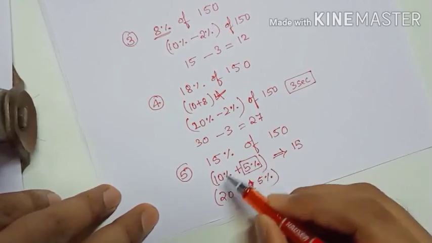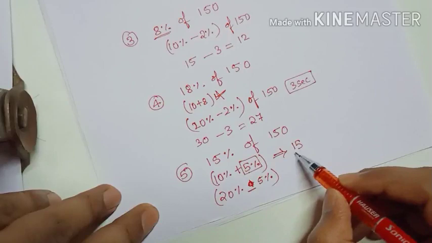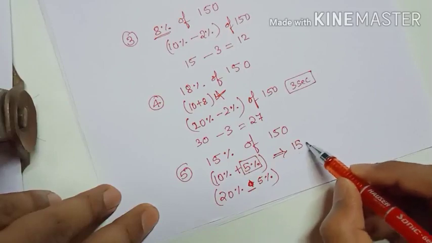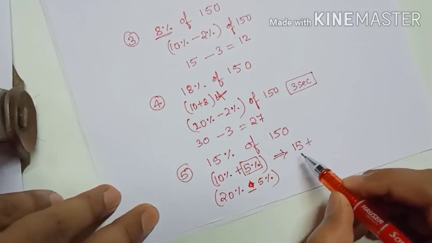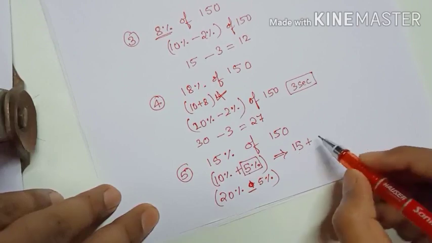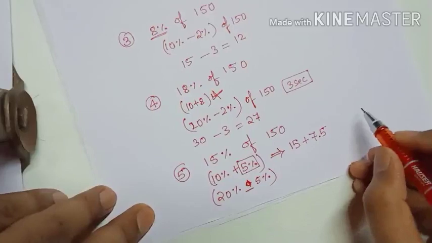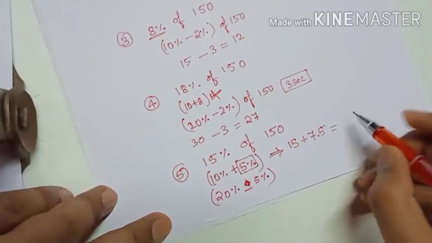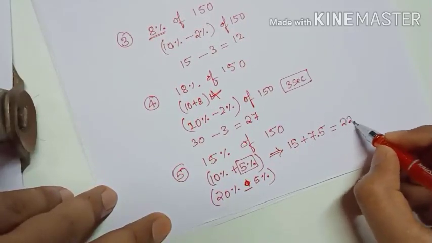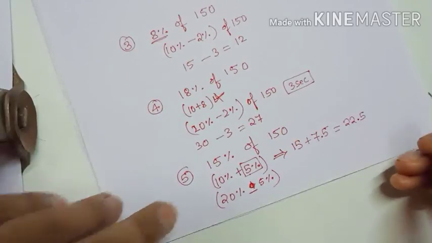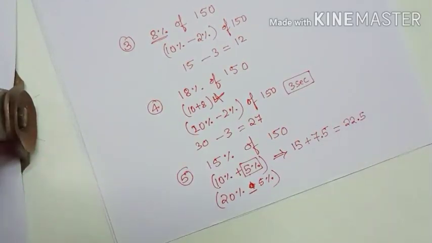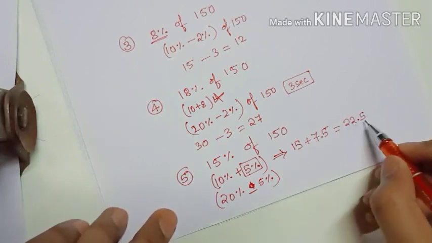Yes, 5% is half of 10%, and you already know what 10% is. So 5% will be half of 15. What is half of 15? 7.5. Now 15 plus 7.5 will be 22.5. This is very easy. This is how you have to calculate.